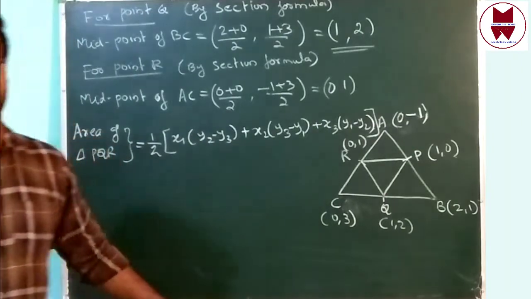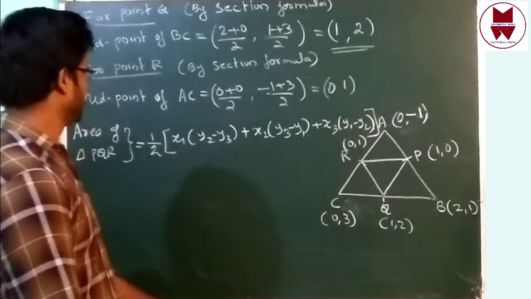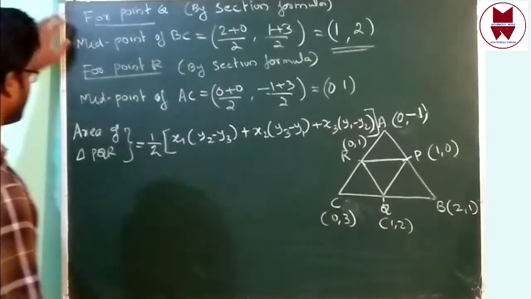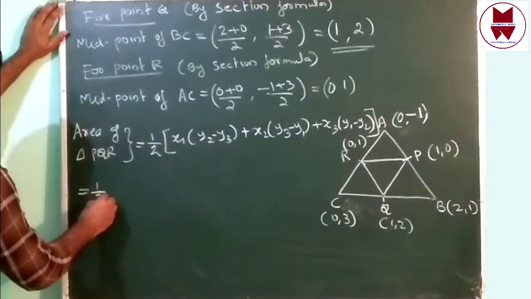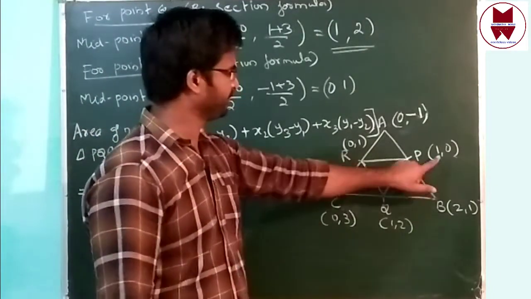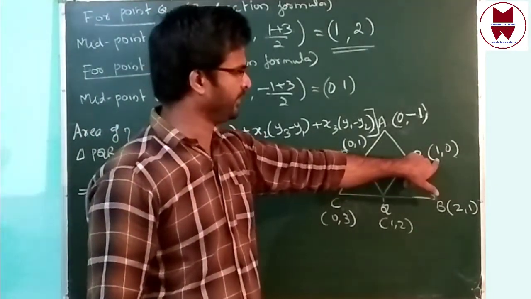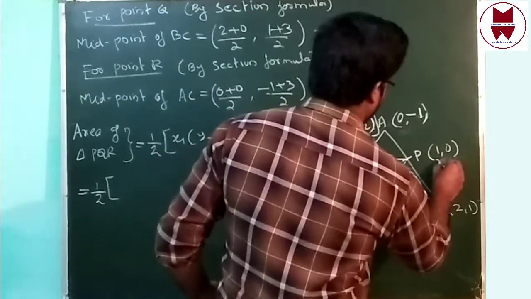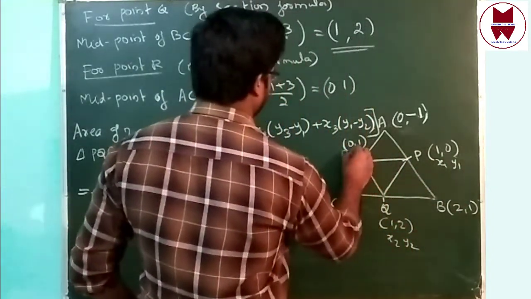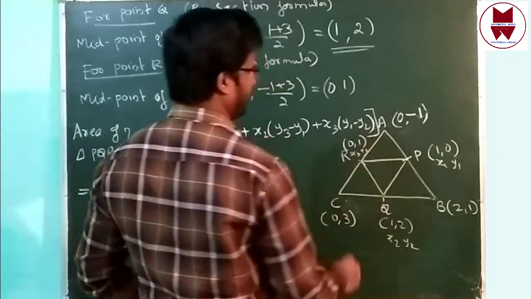Use this formula directly. We need PQR. 1 by 2, here x1 is P, you can take x1 y1, this is x2 y2, then the next point x3 y3.